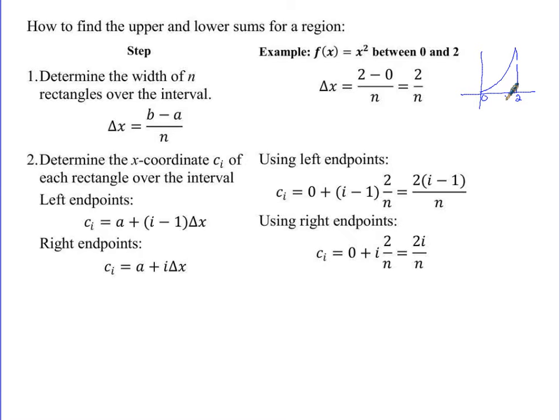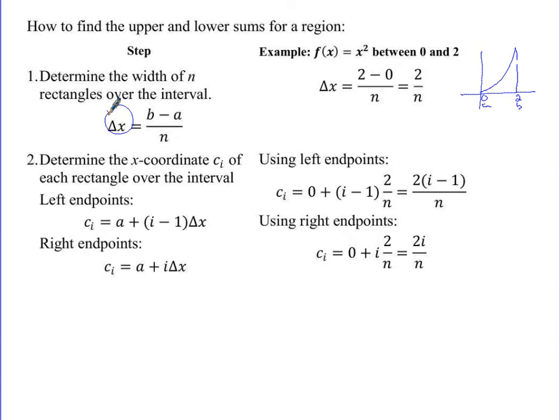So if I call this A and this B, then to calculate the width of each rectangle, I need to do B minus A over n. Okay? Now I'm going to call that width delta x.